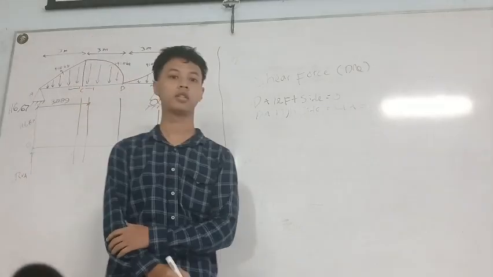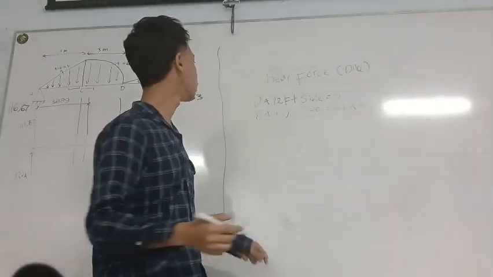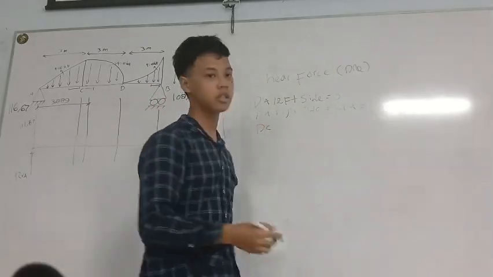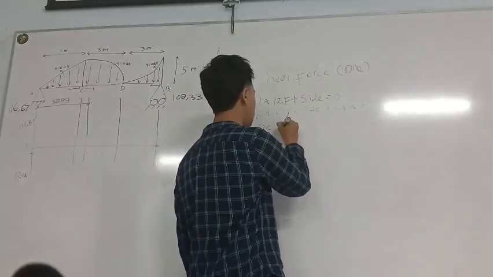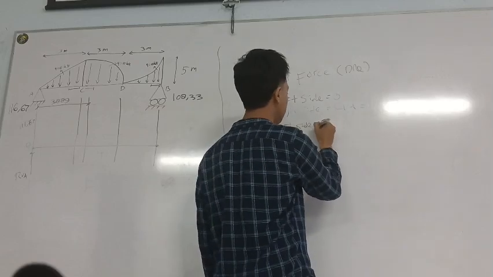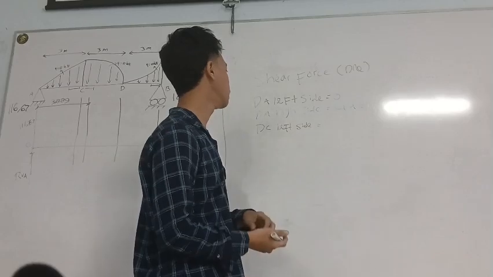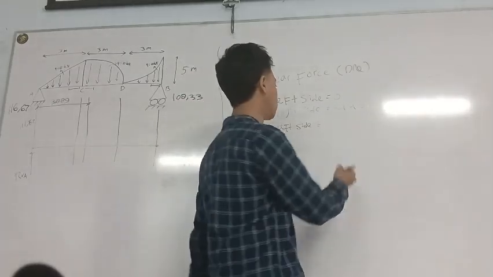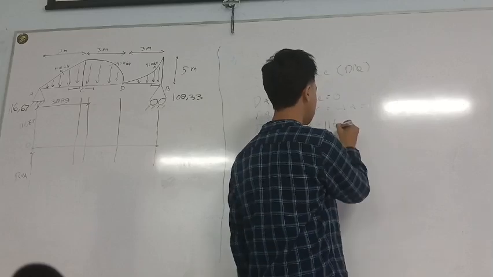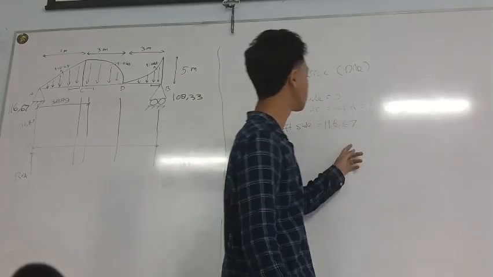So the point of DC on the left side is equal to RVA or TA right side. The answer is 116.67.